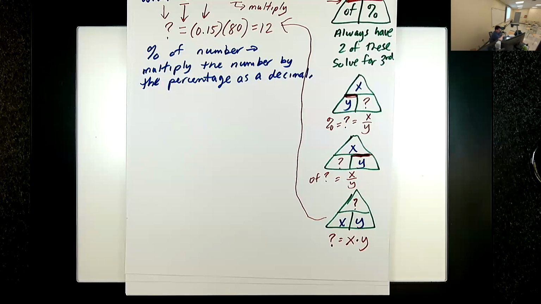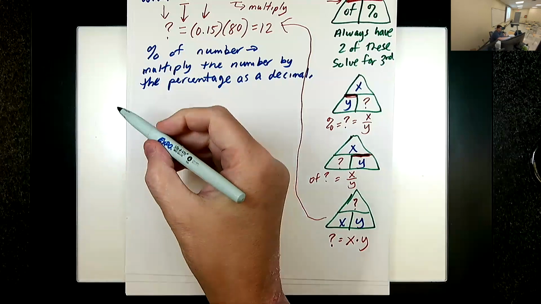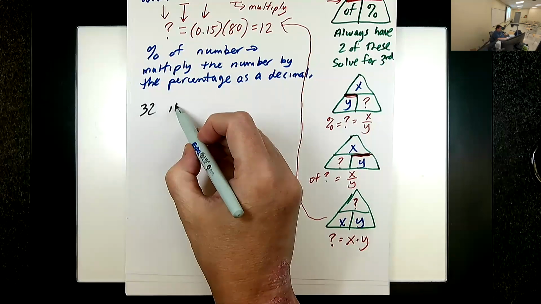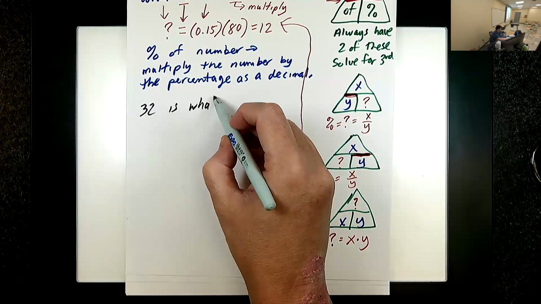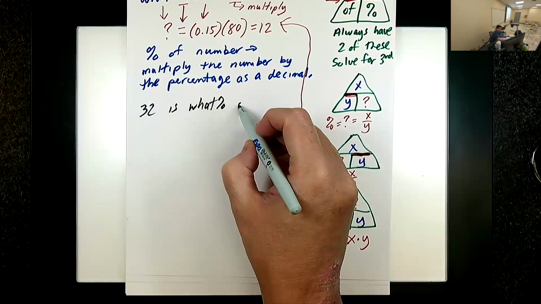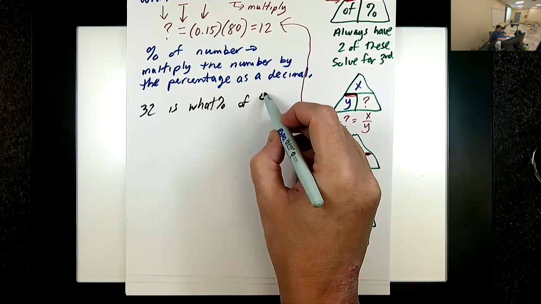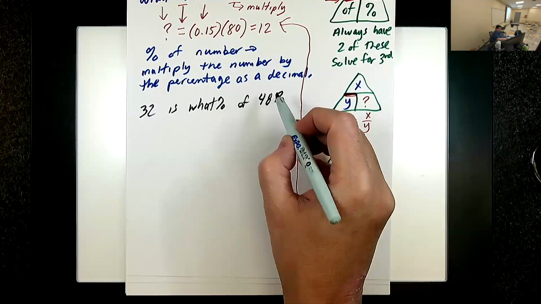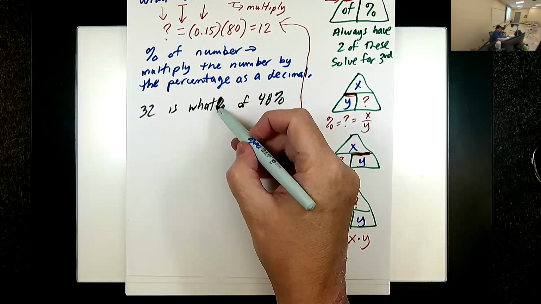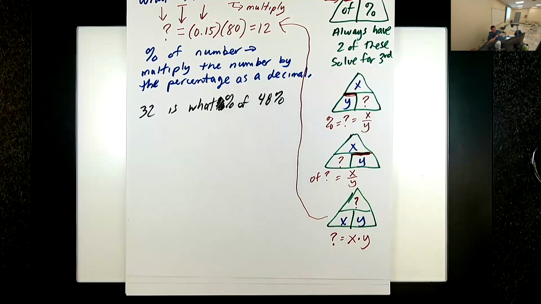Let's take a look at another problem. Let's do 32 is what percent of 45? Let's make it 48. Let's do 48. So again, the is acts like an equal sign.